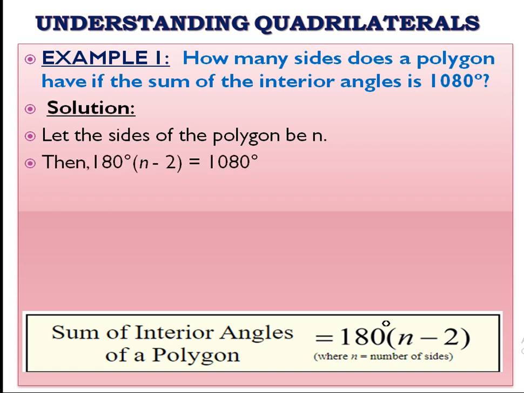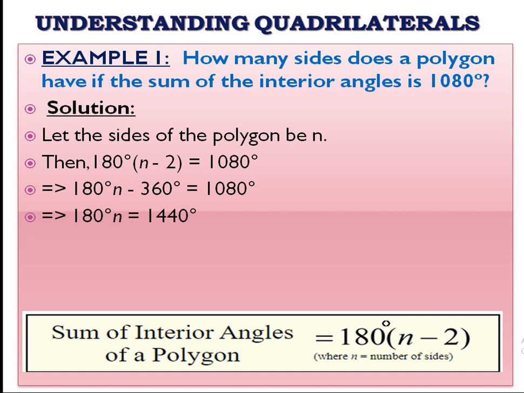So, according to the question, 180 degrees into n minus 2 is equal to 1080 degrees. Okay, student. This implies 180 degrees into n minus 360 degrees is equal to 1080 degrees.